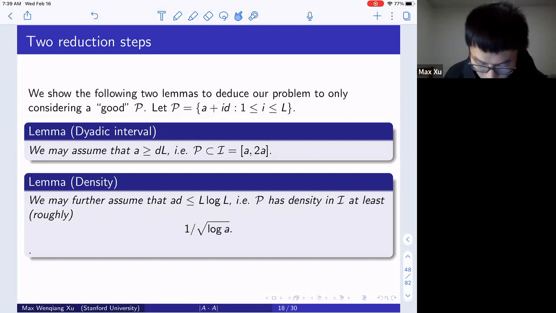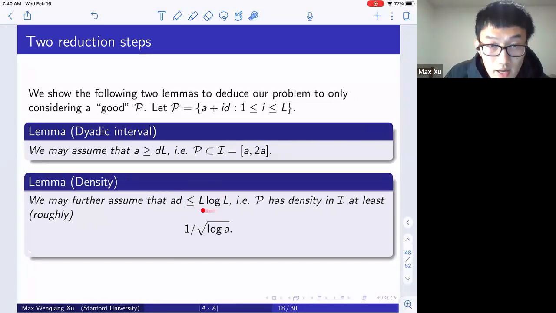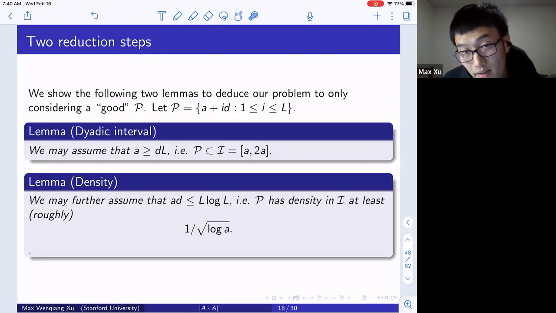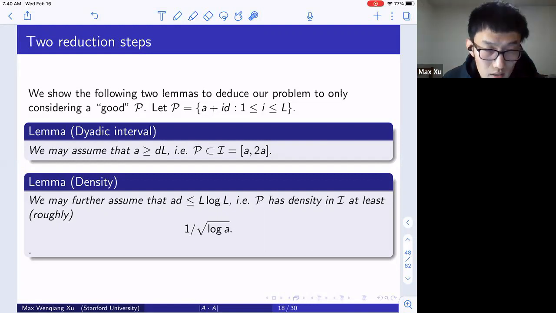So in such a case, we need to deal with AD at most L log L. Then this already gives you that the size of P divided by the size of L is actually not too small. It's roughly 1 over a power of log A. So actually that's not sparse. At least some number theoretical tools can already be applied.